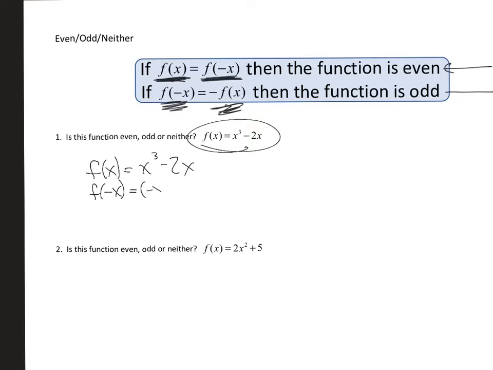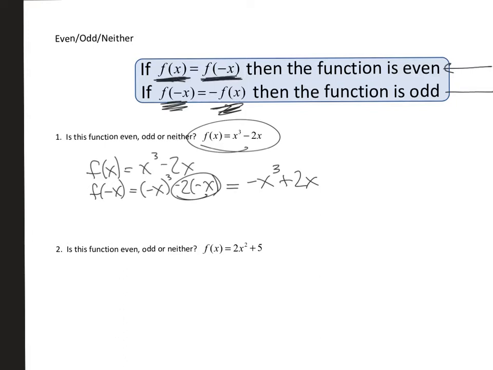So if I put a negative in here, and then I simplify that, negative x to the third power is negative x cubed. And here, when I multiply two negatives together, I get positive. So is this even? It is not, all right? And the reason it's not is because, take a look, this does not equal that. That's why it's not even.